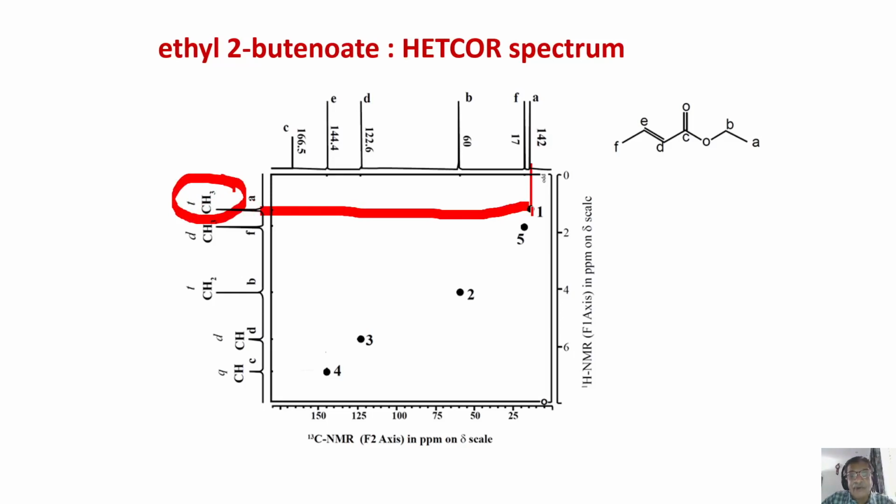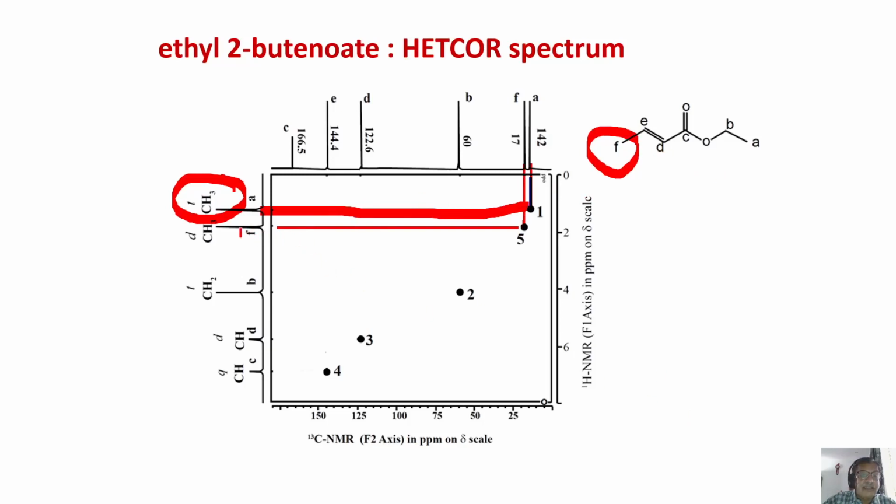Its carbon chemical shift you can get from here. The simultaneous detection of both the nuclei is possible. You can correlate the chemical shift information of the protons attached to the particular carbon. Now look at this one. This is again a CH3 group, which corresponds to F. You see a cross peak here.